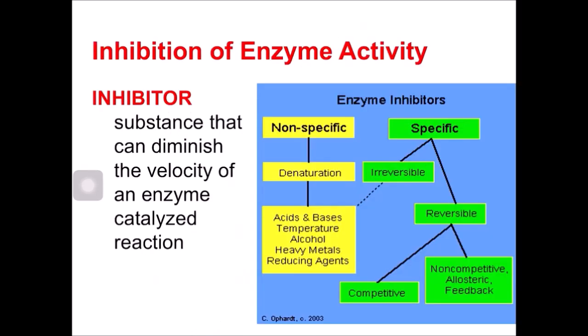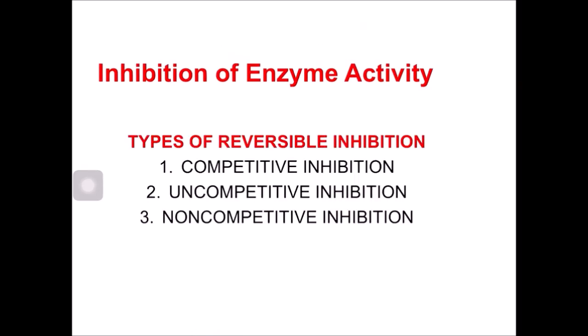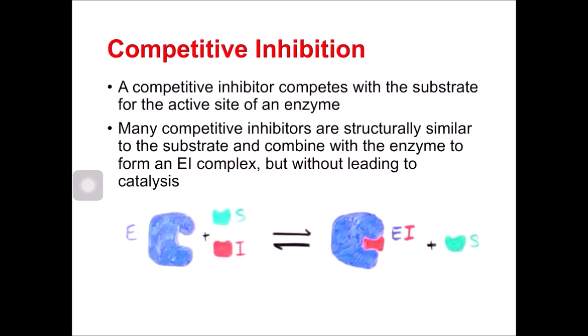Moving on, dito na tayo sa different types of reversible inhibition. There are three different types of reversible inhibition. These are competitive, second, uncompetitive, and lastly, non-competitive inhibition. First stop, we have competitive.